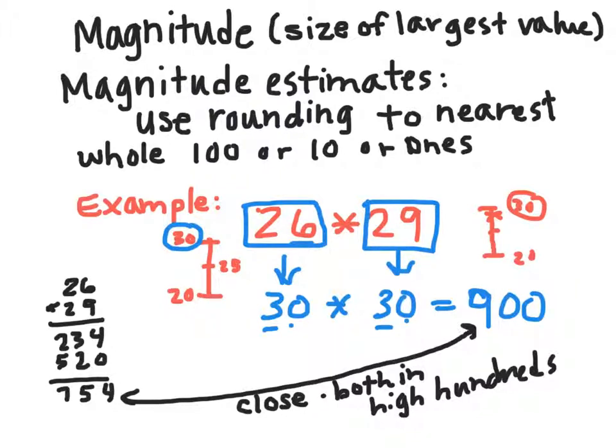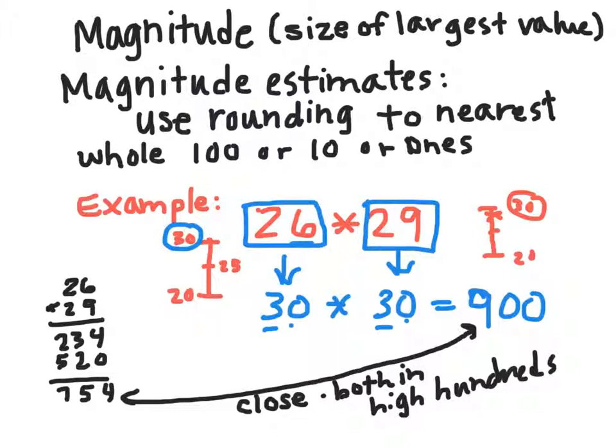So we're going to use a word, magnitude, when we're talking about magnitude estimates. Magnitude is really the size of the largest part, the largest value that you're working with.